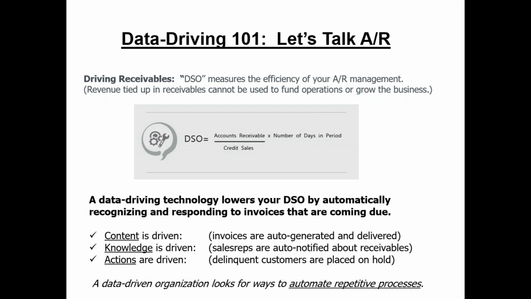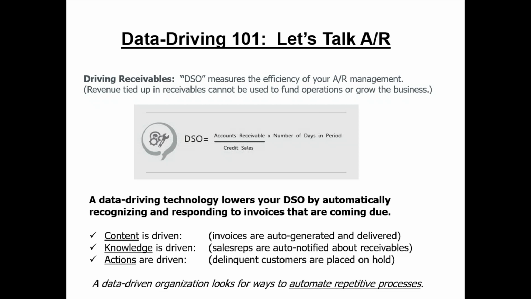And so when you think about customers who are delinquent in paying for their invoices, there are certain things that should automatically happen. If a customer is past due, let's have those invoices automatically regenerated and delivered to the customer. If a customer is past due, let's make sure that their account manager or sales rep is informed about that delinquent situation. And as I alluded to earlier, if a customer is past due, let's automatically have them placed on credit hold.